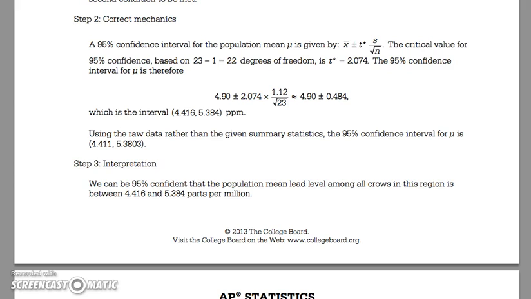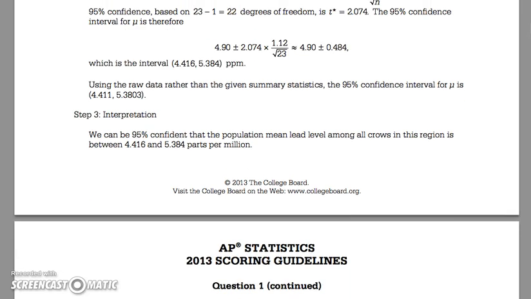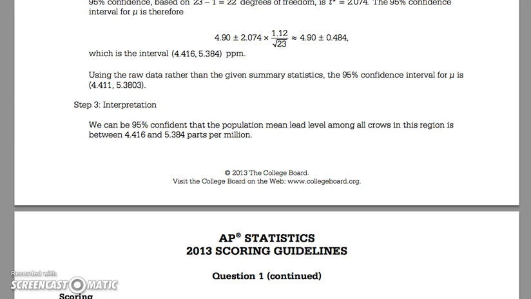The 95% confidence interval for mu is therefore 4.90 plus or minus 2.074 times 1.12 over the square root of 23, which is equal to about 4.90 plus or minus 0.484. Which is the interval 4.416 to 5.384 parts per million.